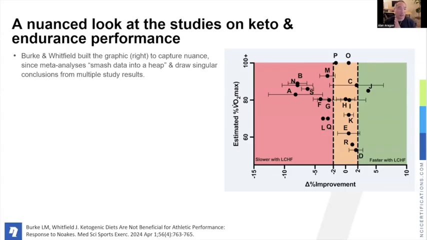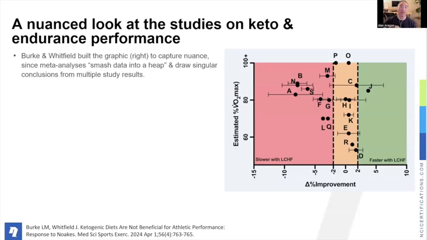You're just looking at a bunch of heterogeneous designs, a bunch of different populations and protocols, and you are trying to essentially draw a single conclusion from a bunch of widely varied studies. And so presenting the data this way is really cool because it adds nuance.